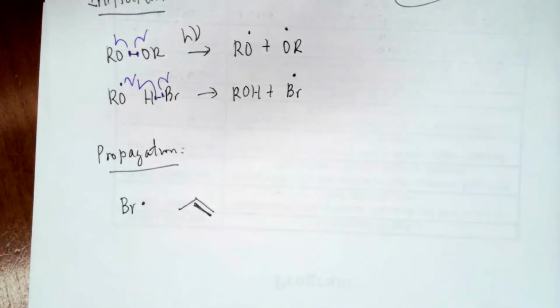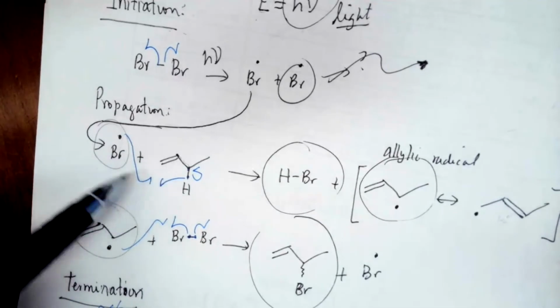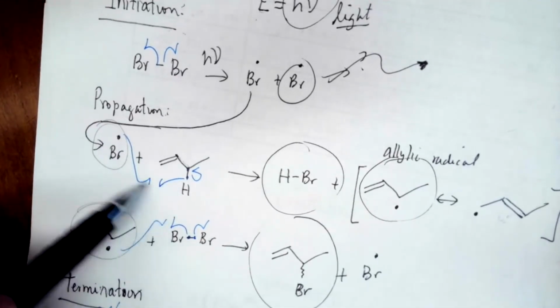The reason is it really depends on the formation of the radical. In the previous reaction, I have a bromine with the substrate, and it was adding to the allylic.